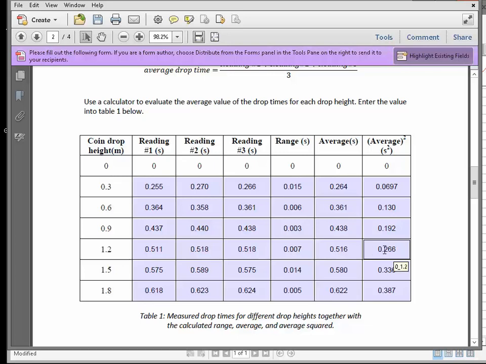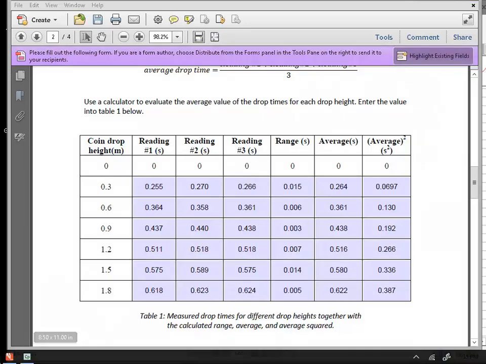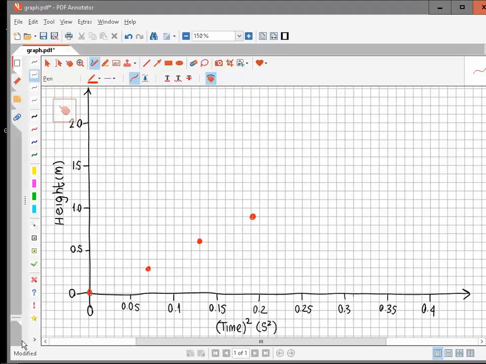I will try and make it 0.266 by making it in between 0.26 and 0.27. So this is 1.2 meters, and it's 0.266. So this is best I can do there.